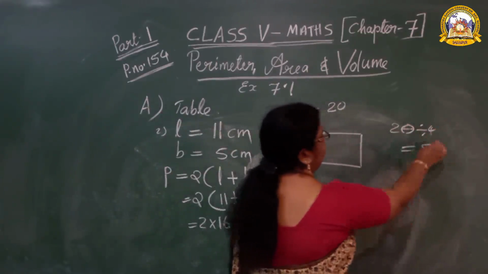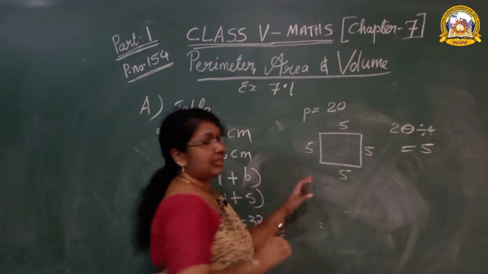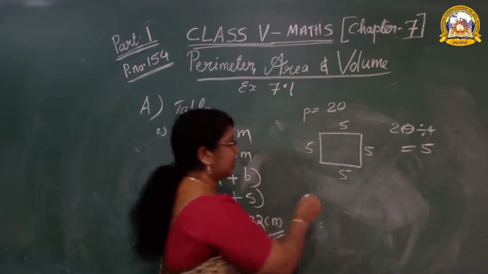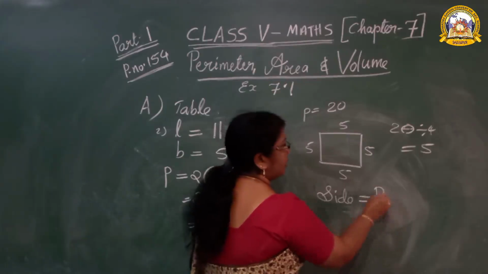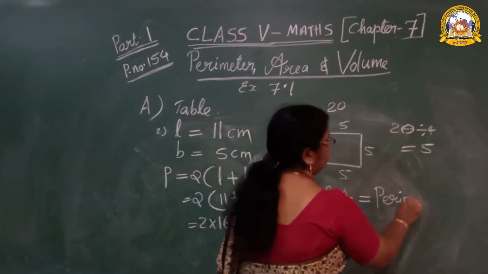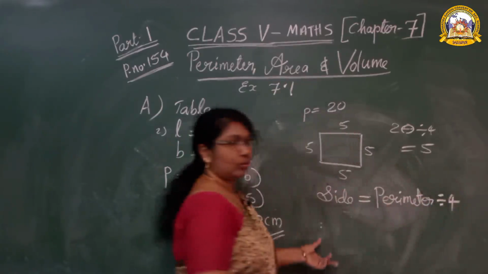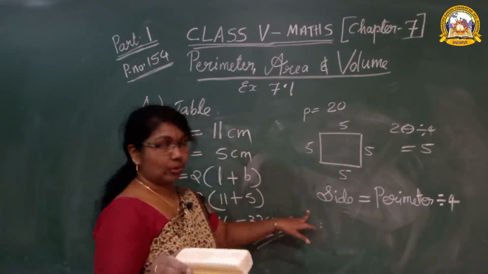Answer is 5. 5, 10, 15, 20. So can you say what is the formula for finding one side? One side is equal to perimeter divided by 4. So students, you have to learn these two formulas now.